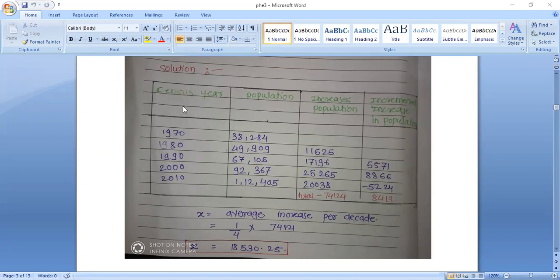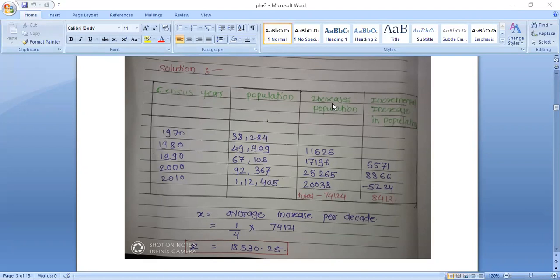In that, the first column is census years, second is population, third is increase in population, and fourth is incremental increase in population. That is, the years and population are given in the problem. These 2 columns are the data which are given in the problem.